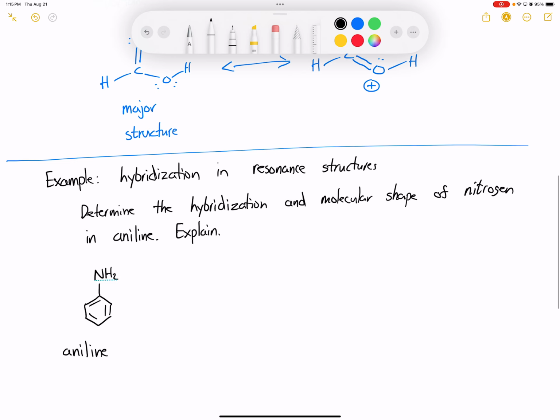Okay, so that's aniline. If I were to ask you what's the hybridization around nitrogen, what would you say? Yeah, around the nitrogen atom.